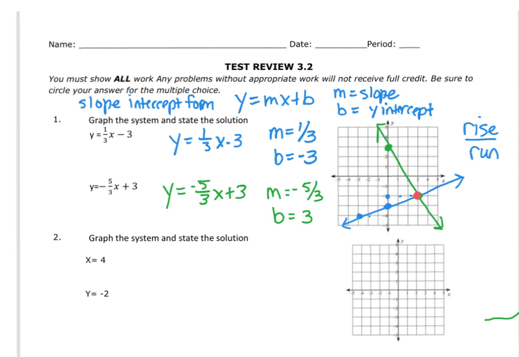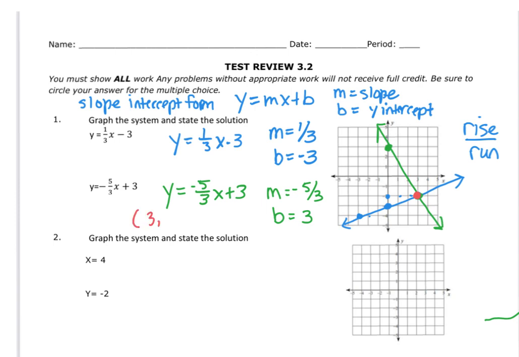So again, we write this in an ordered pair. So my solution is, my x value is 1, 2, 3, so 3, and y is -2.